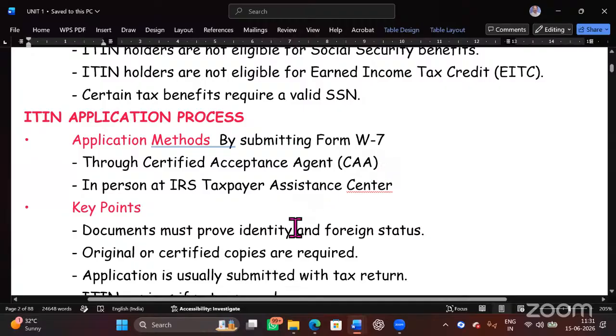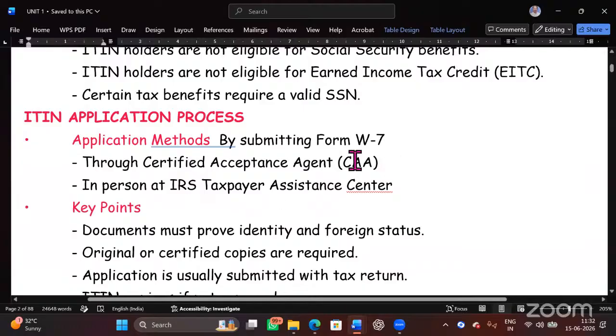Second one, some authorized centers are opened by the IRS. Instead of giving that permission to an individual person like an agent, some offices are opened at different places. We can submit that form to that center also. That center's name is Tax Assistance Center, TAC.